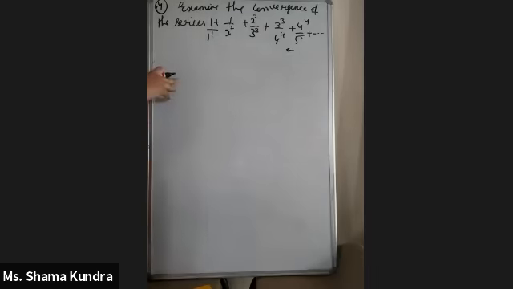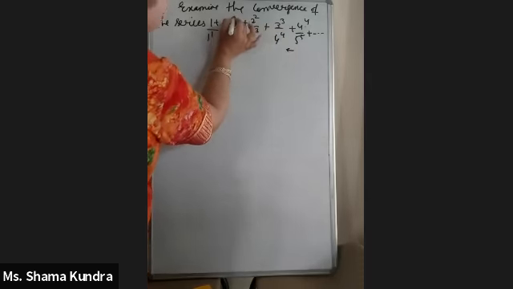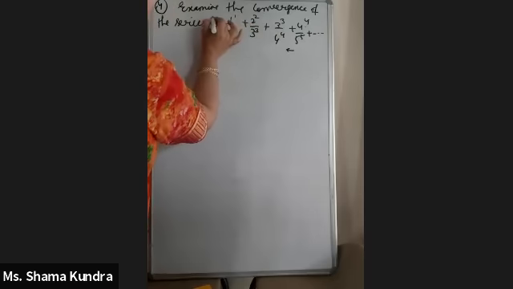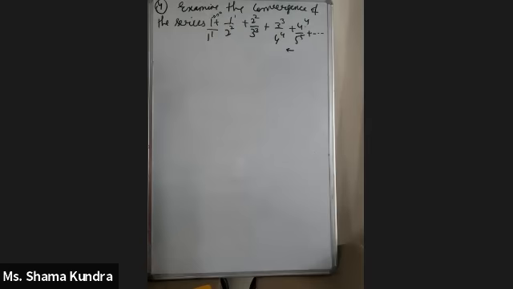Now observe the numerator: 4 raised to power 4, 3 raised to power 3, 2 raised to power 2, 1 raised to power 1. And here we can't write 0 raised to power 0, because 0 raised to power 0 is not equal to 1, and it leads to an indeterminate form.